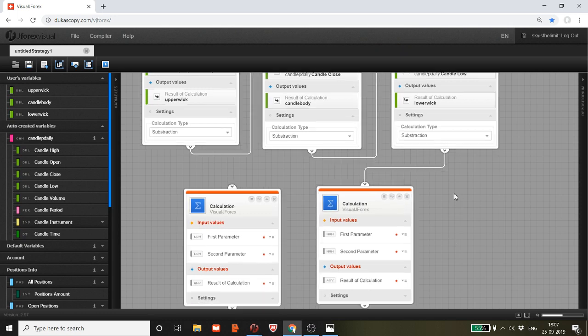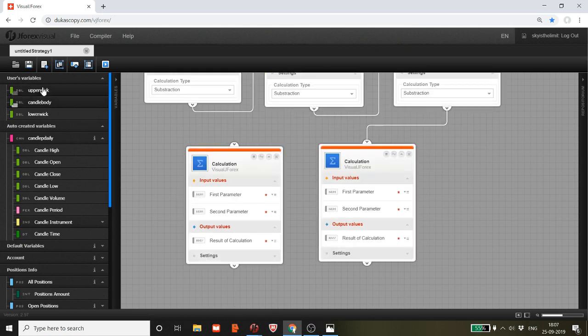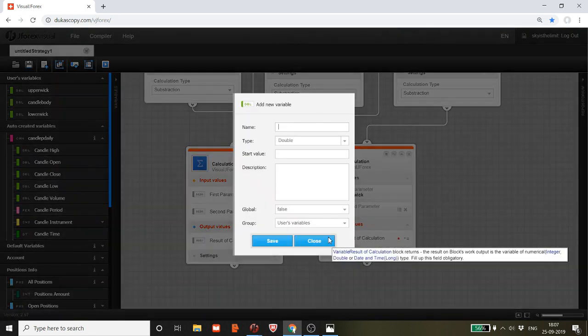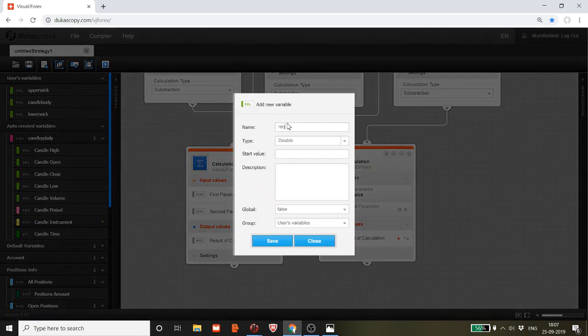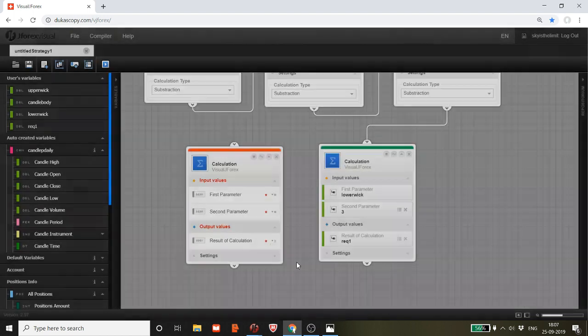So what I will do, I will multiply the lower wick by the 3. Okay, and this will be my requirement 1, start value 0.